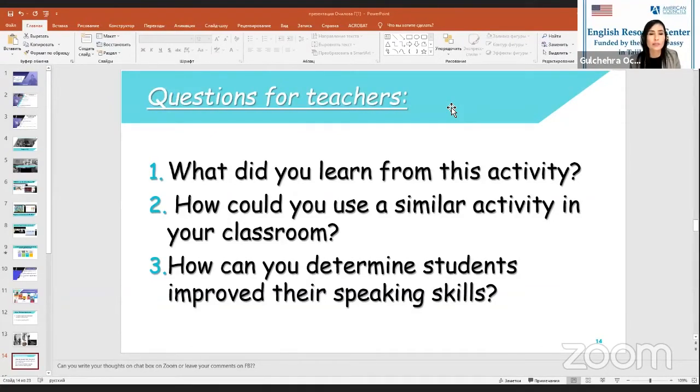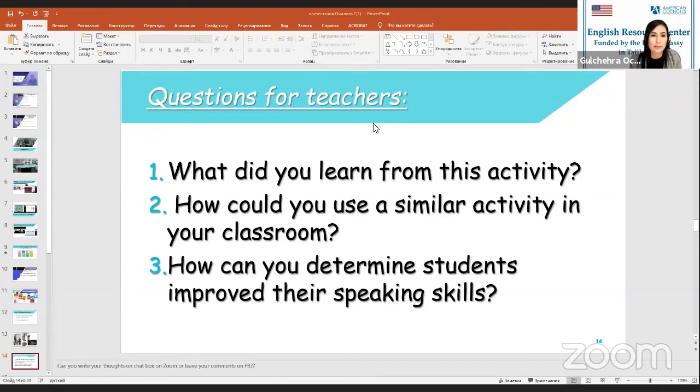Okay, so Nasiba is writing: how to use pictures to make students think creatively. Yes. Gulnoro, could these pictures give an opportunity for free thinking?